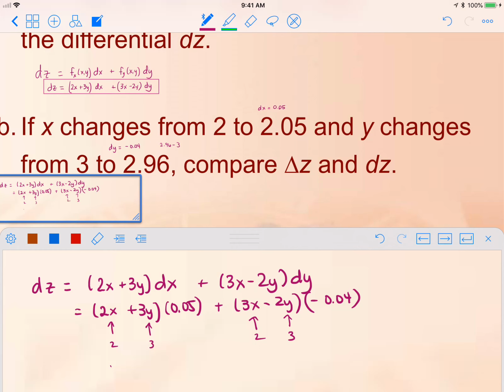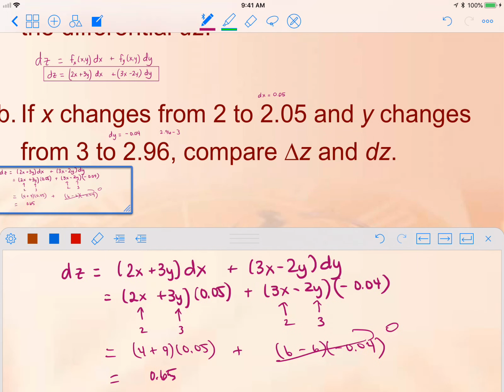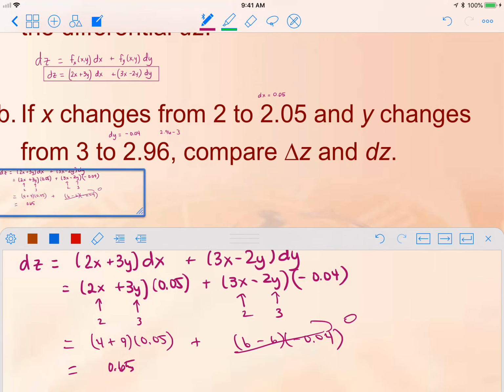That'll be 4 plus 9 times 0.05 plus, that'll be 6 minus 6 times negative 0.04. So that'll be 13 times 0.05. So we just have 0.65, because that other part is just going to be 0. Okay, so our differential is 0.65.